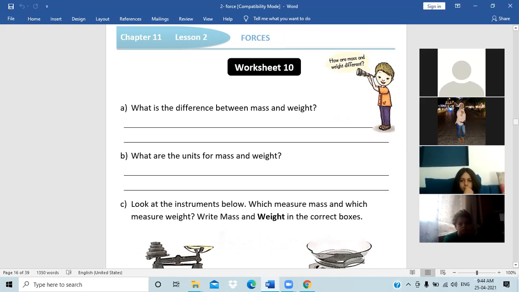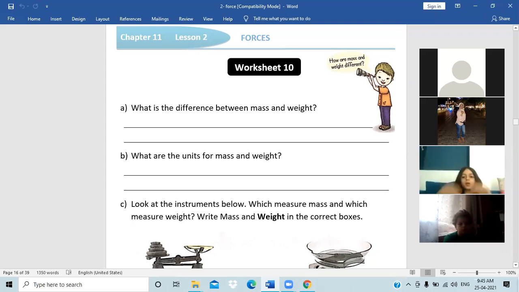Can I answer? Suhaila, let's give other people a chance. If anyone else wants to answer this question, please raise your hand. Okay? Hey, come on, guys. What is the difference between mass and weight? Hey, we took the definition while we were taking the lesson. Only Suhaila knows.